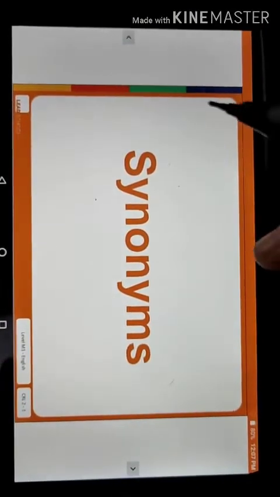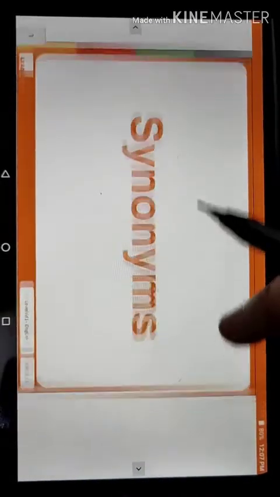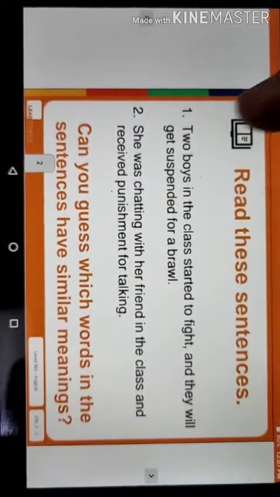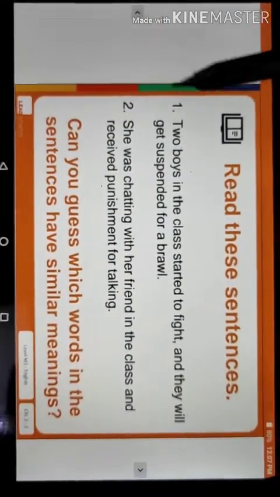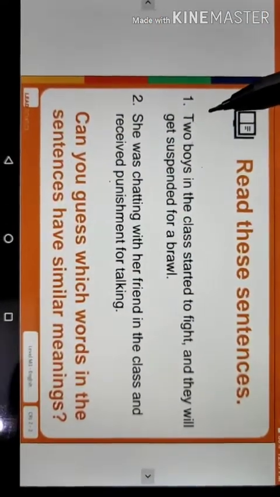Now let us begin the second section of ELGA class, and that is whole word. In today's class we will learn what synonyms are. So let's see. Synonyms. Let us read some sentences. You have to repeat after me.